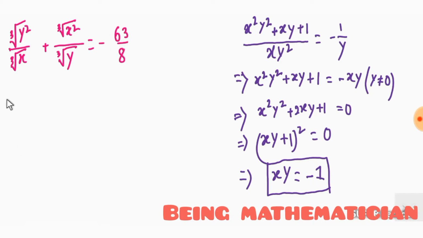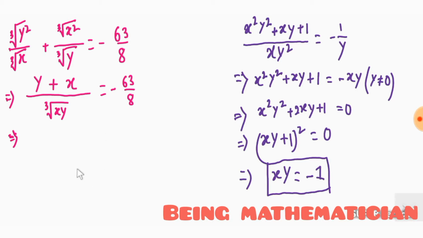So now we can add the LHS and get cube root of xy times (y plus x) is minus 63 by 8. And now we apply the previous result, that is xy equal to minus 1.